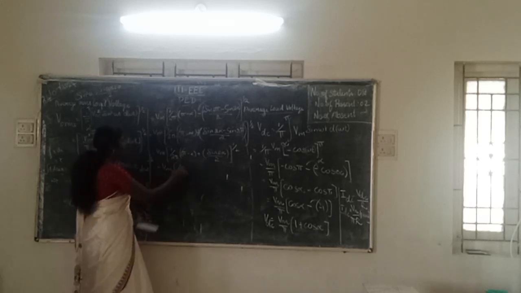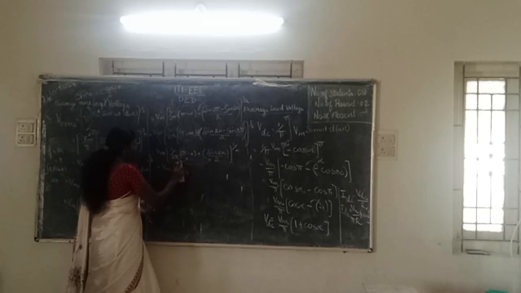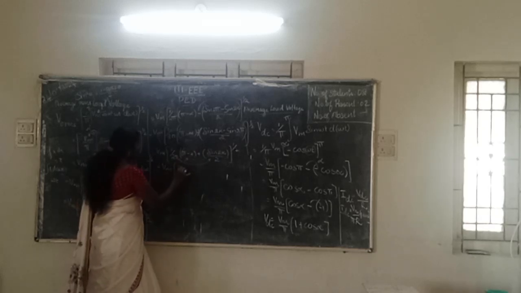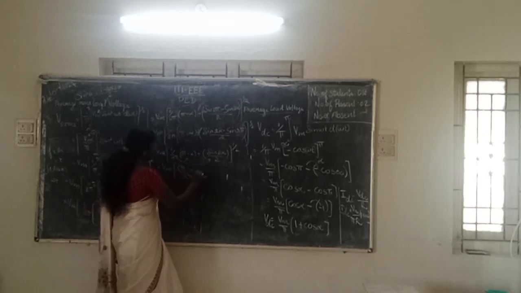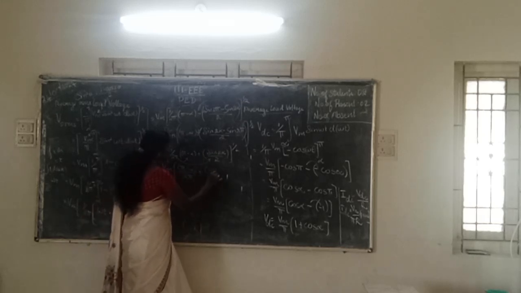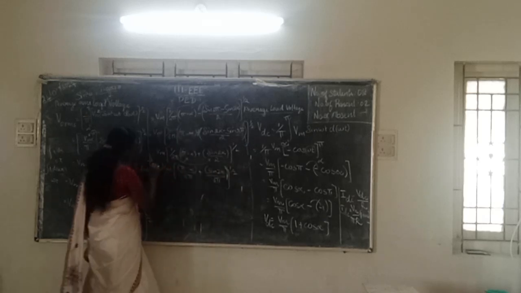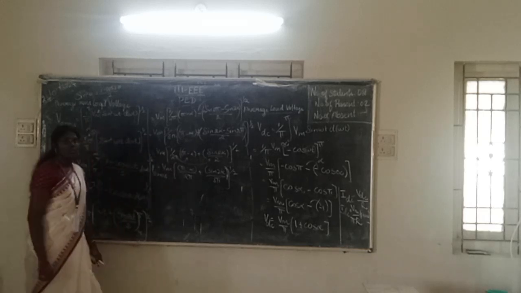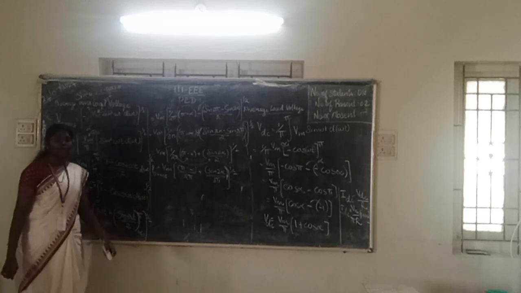Shall I multiply this 2 pi inside? That will become pi minus alpha divided by 2 pi plus sin 2 alpha divided by 4 pi, the whole power 1 by 2. This is the RMS, root mean square value of the load voltage.